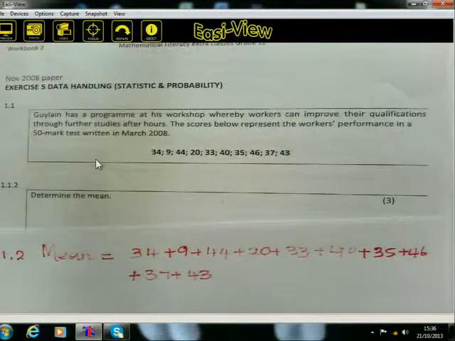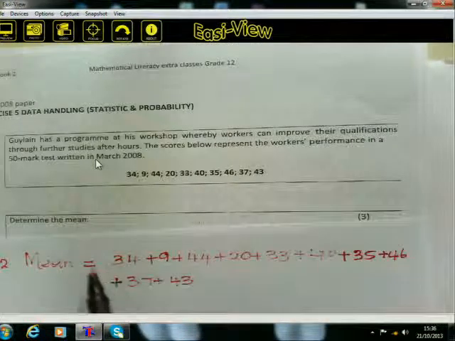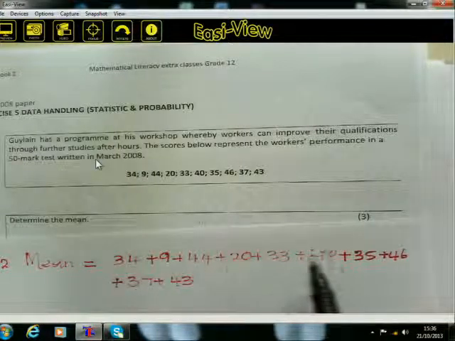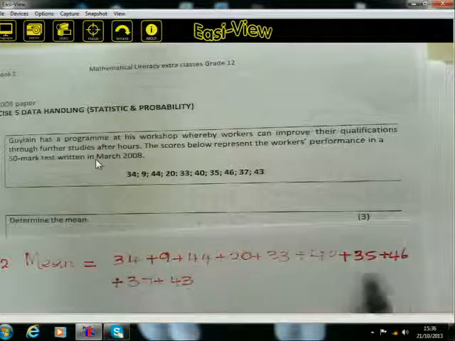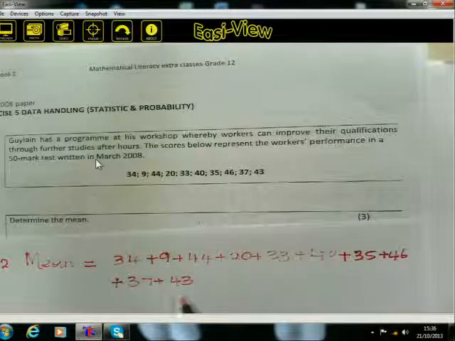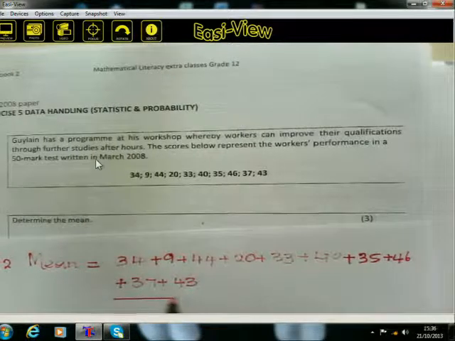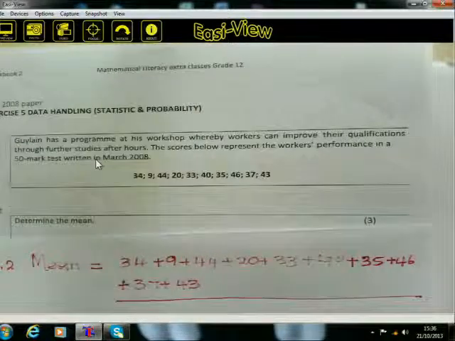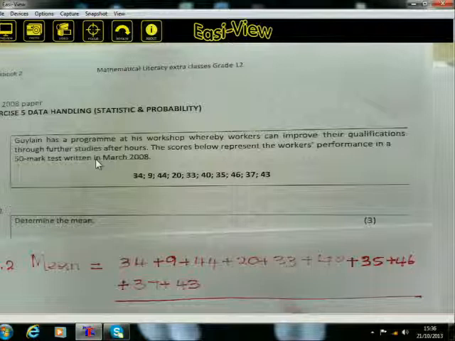It's correct. So you know that when you calculate mean, we say the sum of the values divided by the number of values, which is what we have just done. So now we have to divide all the data, or the sum, out of 10.